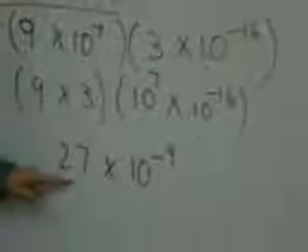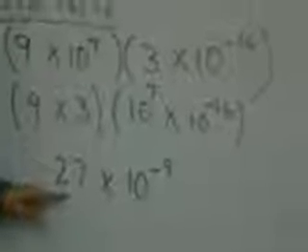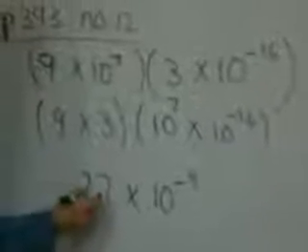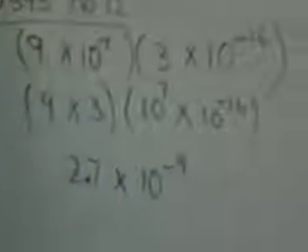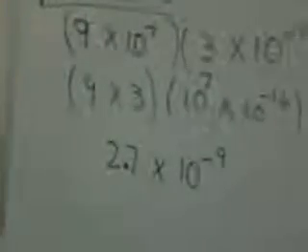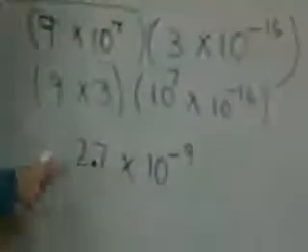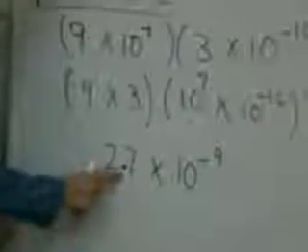The only problem here is that this is not scientific notation, because I told you before that for scientific notation you need to have one digit in front of the decimal point.